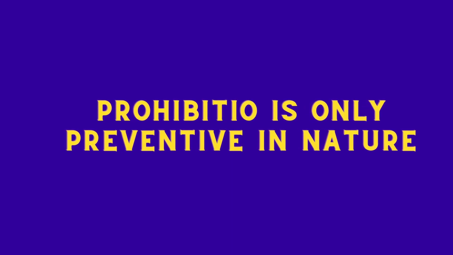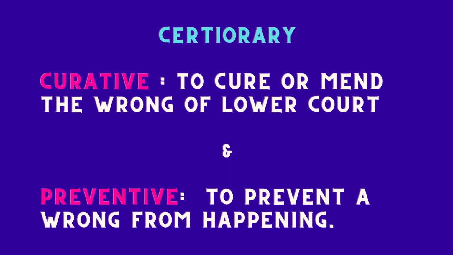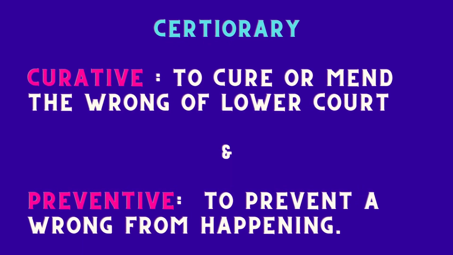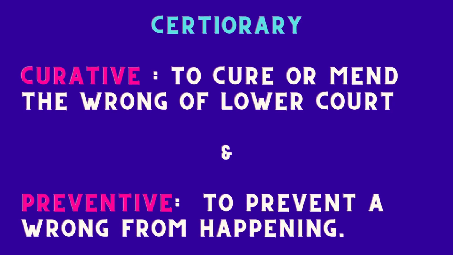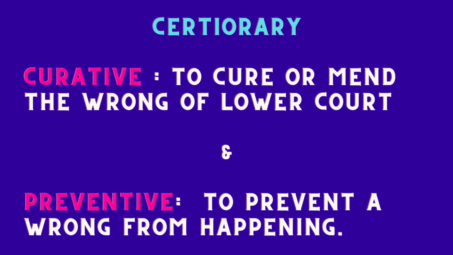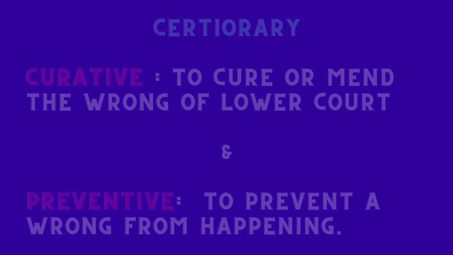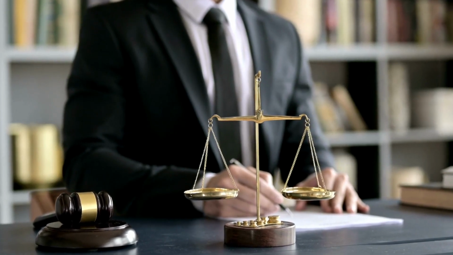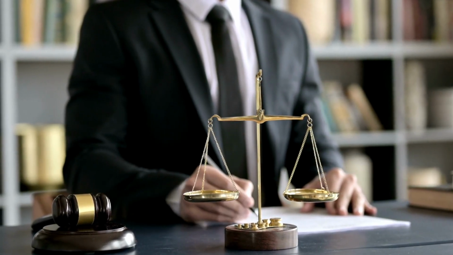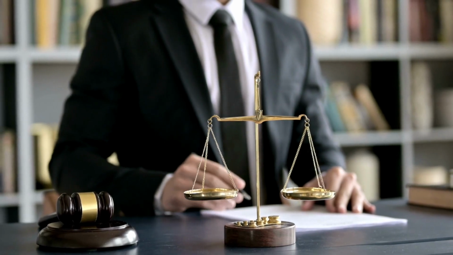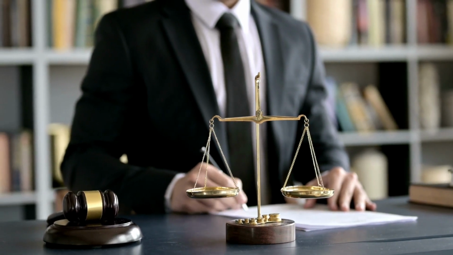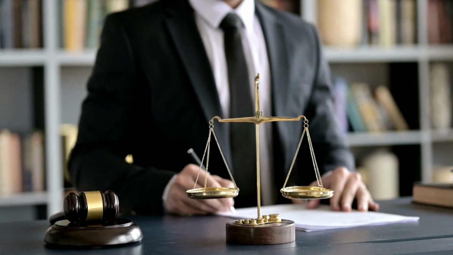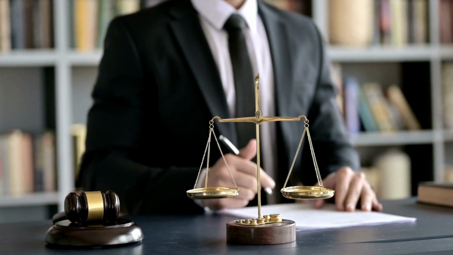Now friends, prohibition is only preventive in nature, but certiorari is both curative, that is, to cure or mend the wrong of lower courts, and also preventive because it prevents a wrong from happening, wherein the high courts can transfer a case to itself where they feel that the courts are exercising their powers in excess or beyond their jurisdiction.